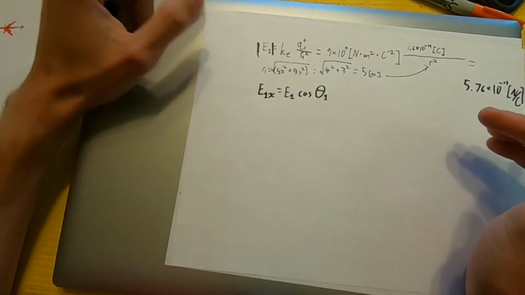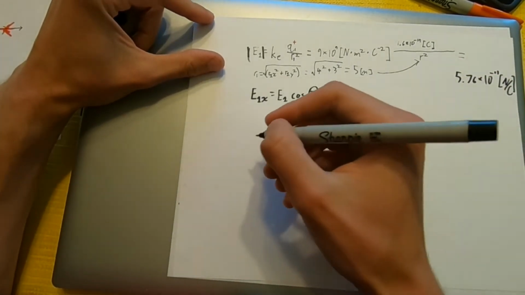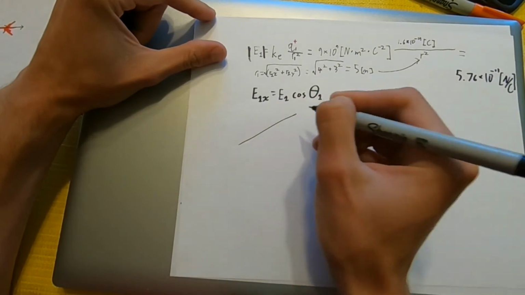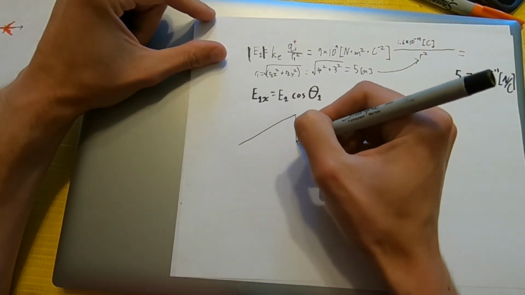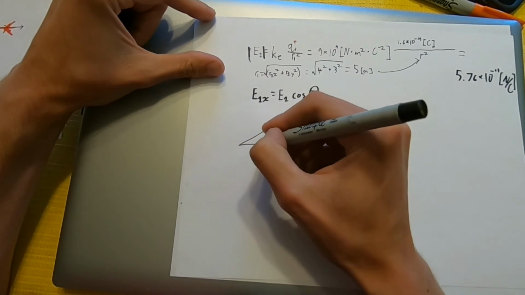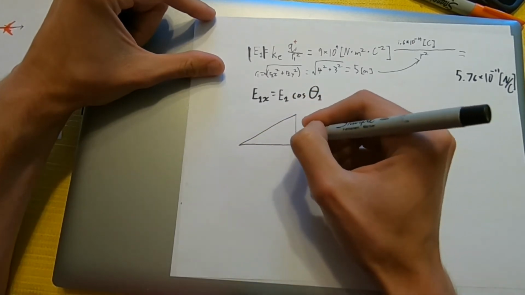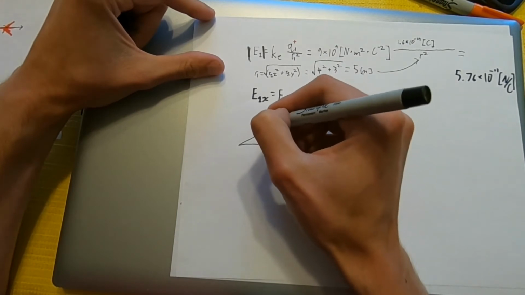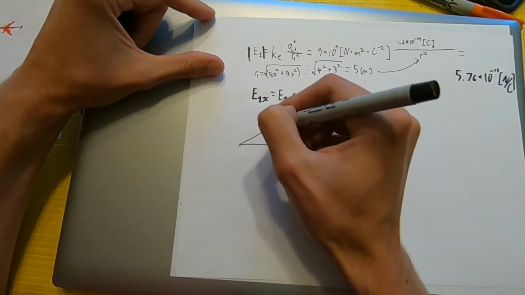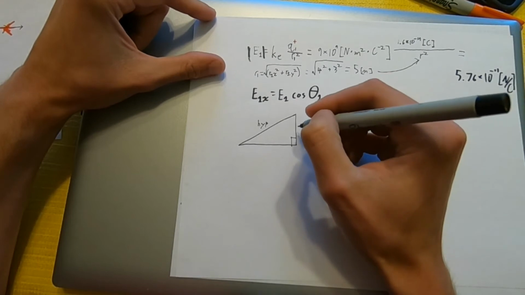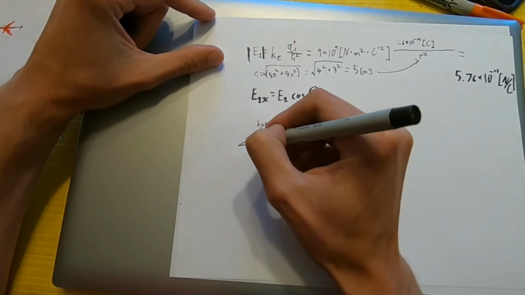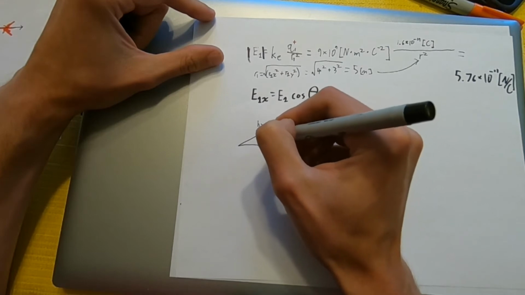And going back to our trigonometry, if we got a right triangle here, right, it's a right angle. So this is our hypotenuse here. And this is the angle that we're concerned with here. This is what we're trying to figure out.